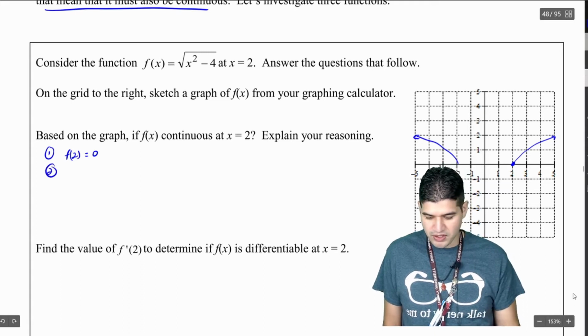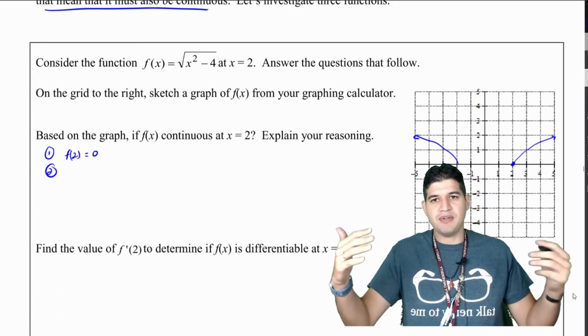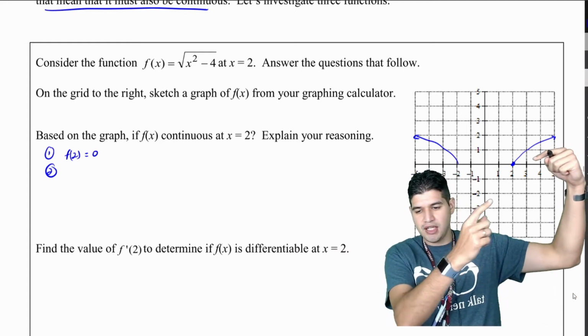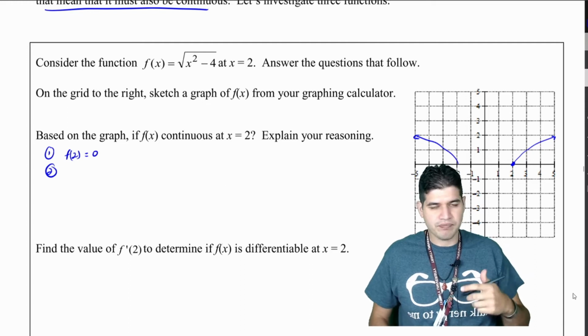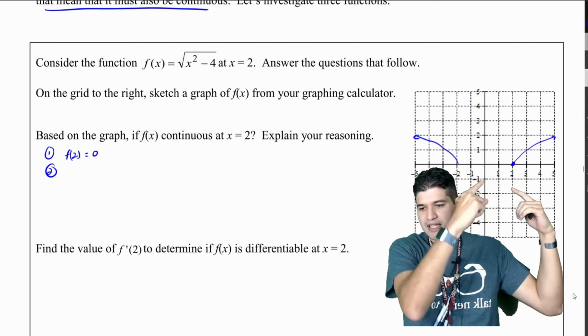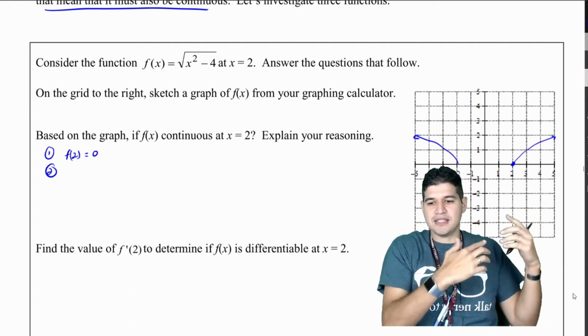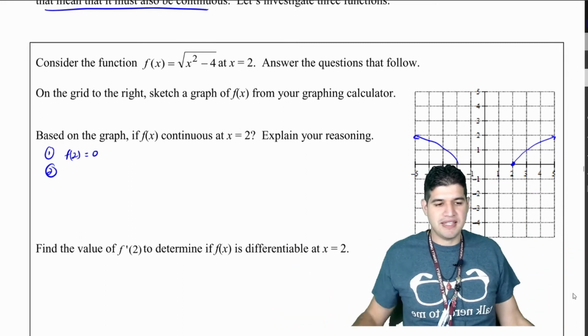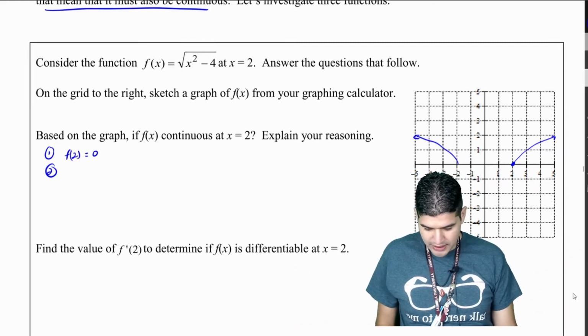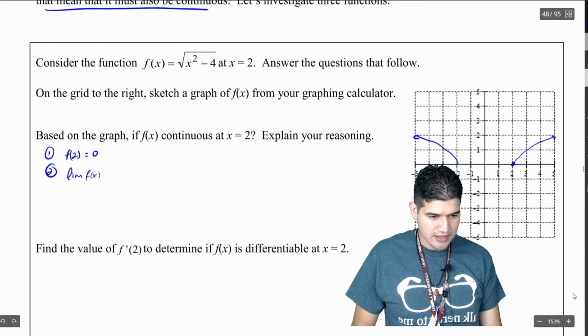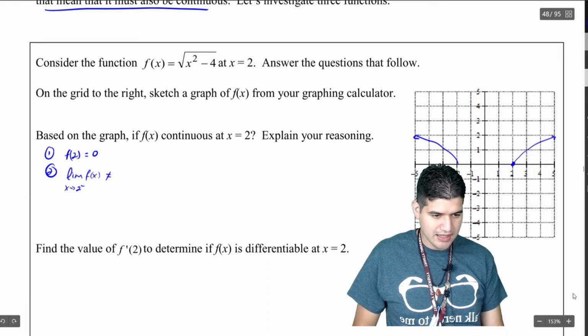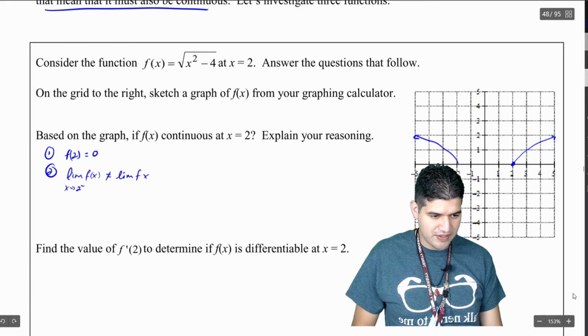The second part of our definition was that the limit from both sides needed to equal the exact same thing. And I'm not exactly sure what to do with my left finger, because there is no left-hand limit. The limit of f of x as x approaches 2 from the left does not equal the limit of f of x as x approaches 2 from the right.